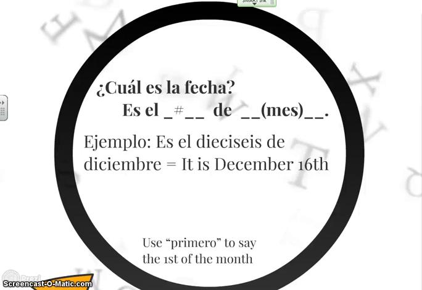However, Spanish speakers and many other parts of the world use the smallest unit of measurement first, which is the day, the number, and then the month, and then the year. So it would be 16/12.